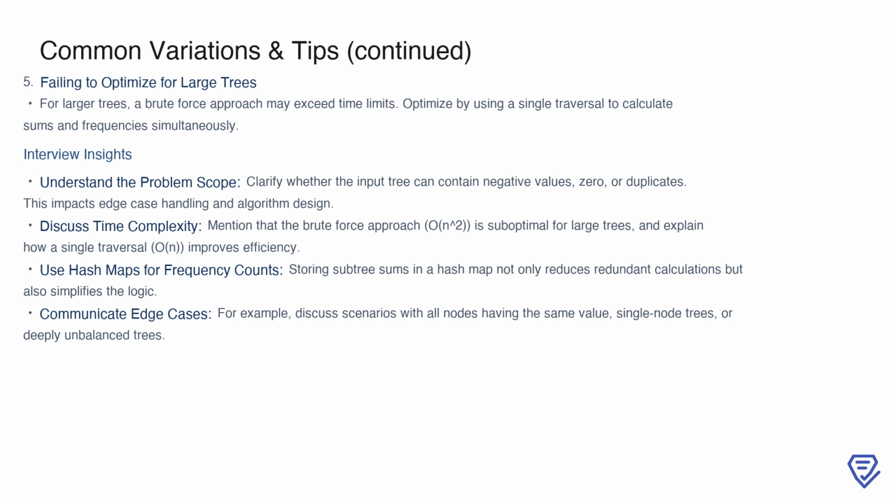Hash maps are particularly helpful for frequency counts, as they reduce redundant calculations and simplify the logic. Finally, don't forget to communicate edge cases clearly. Think about scenarios like trees with all nodes having the same value, single node trees, or those that are deeply unbalanced, as these can reveal how robust your solution is.